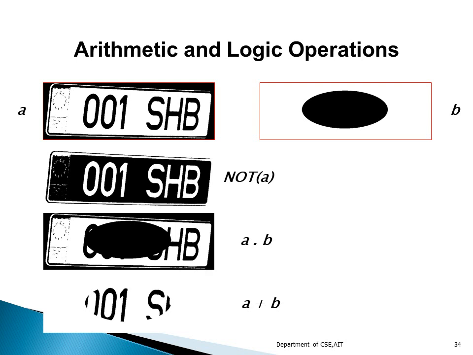Because black is dominant over here, in A AND B you are going to get it as fully black in the middle. Whatever you have in the empty space in B, you can see that because of the AND operation that has been filled up over here.